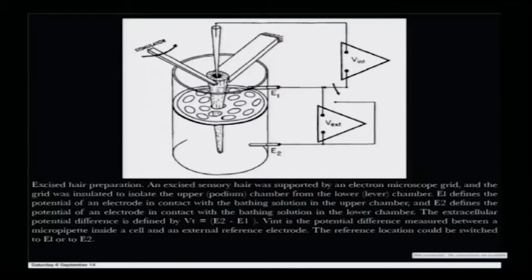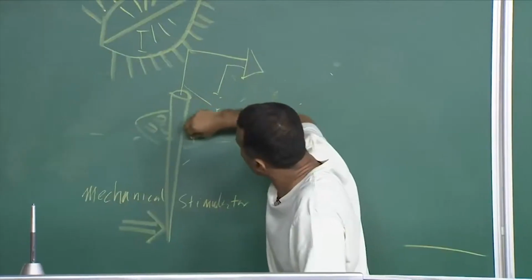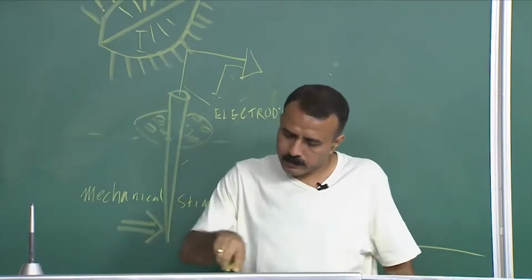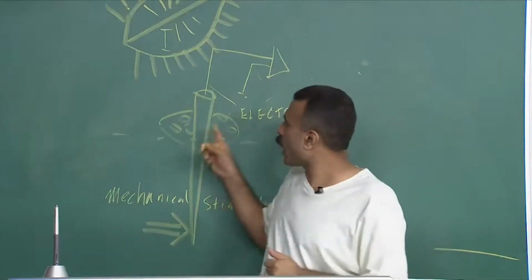So, if you read through this excised hair preparation, the excised sensory hair was supported by an electron microscopic grid, which is what you see out here in this picture, and was insulated to isolate the upper chamber from the lower chamber. U1 defines the potential of an electrode in contact with the bathing solution. So, you are measuring with respect to the bathing solution, and then you have this mechanical stimulator coming through.